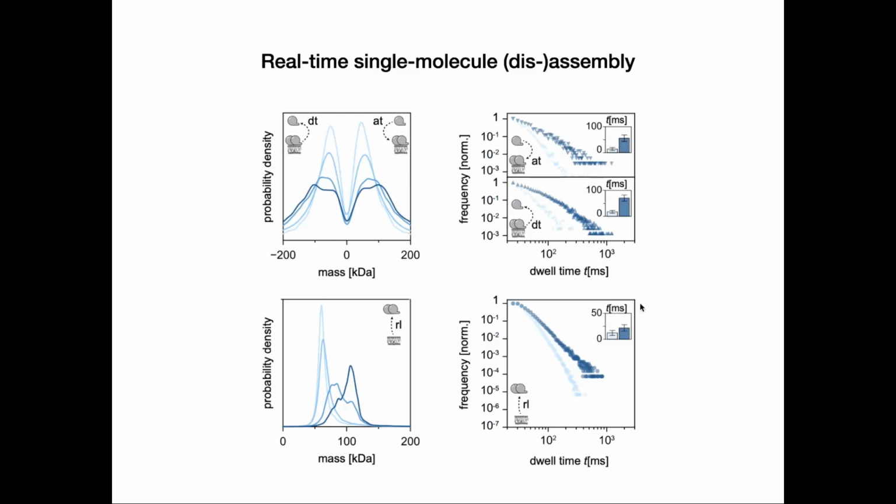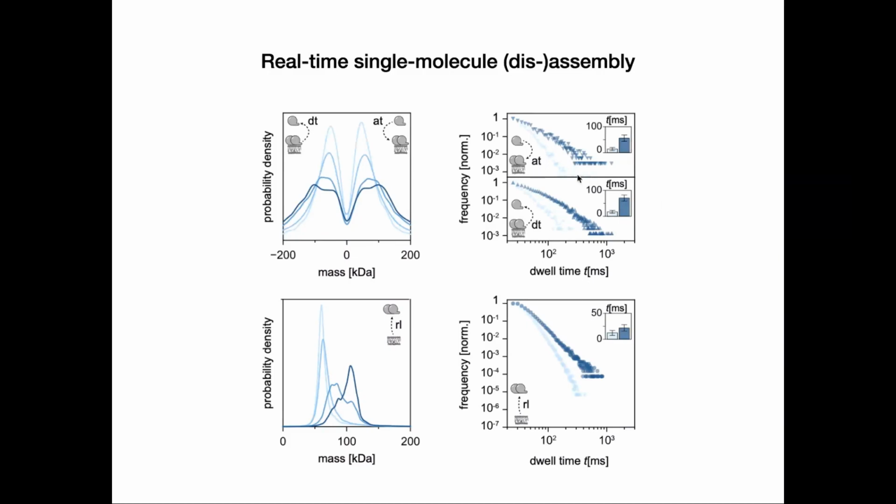Now, from the length of the plateaus in the step traces, we can also estimate lifetimes of the complexes on the membrane. We can, for example, determine on and off rates from plateaus before such events, or we can determine the release rate of complexes that are completely dissociating from the membrane.